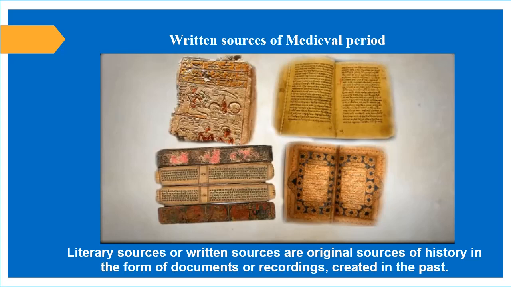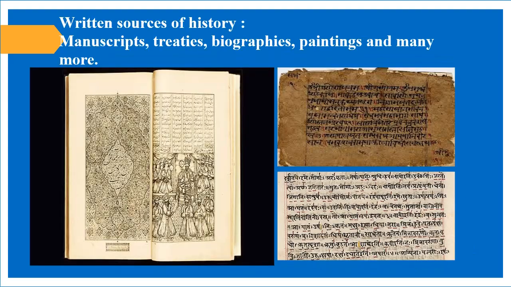So literary sources or written sources are original sources of history in the form of documents or recordings created in the past. So we have learned about significant historical events in the medieval period from sources like writing styles of scripts, जैसे देवनागरी लैंग्वेज में लिखते हैं, अरेबिक में लिखते हैं, पर्शियन में लिखते हैं. All these are written sources of history.